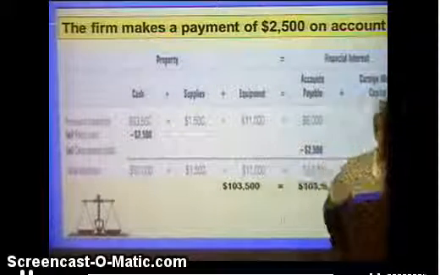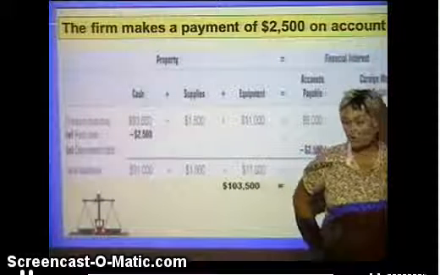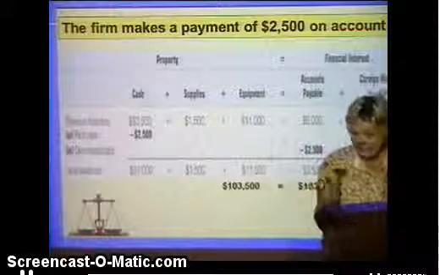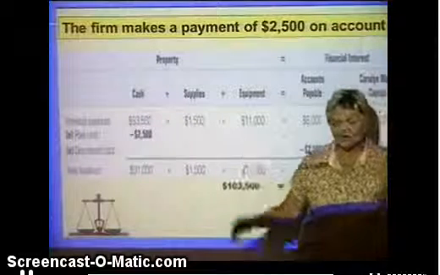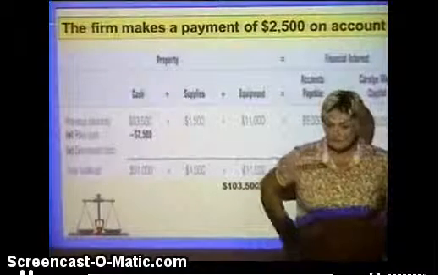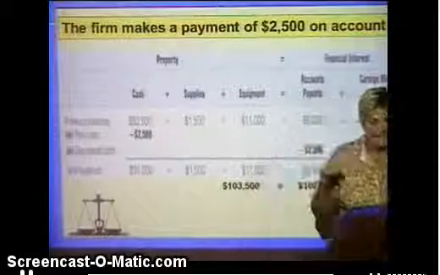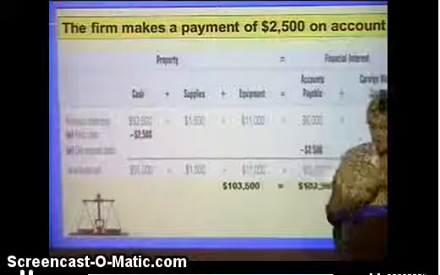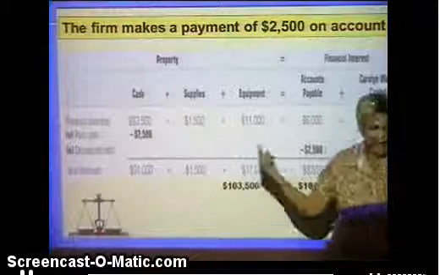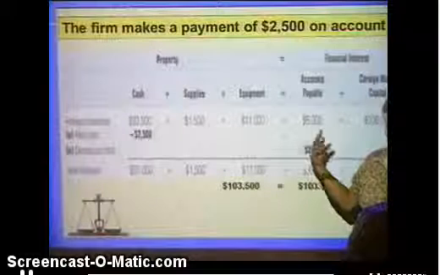This is the part we're going to hammer in, because chapter 2 and chapter 3 are critical. Once you get the understanding of what's actually going on, you won't have any trouble from now on in accounting. This is the part you need to lock into your mind. What's happening right now in this equation?